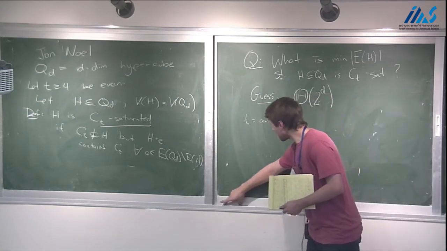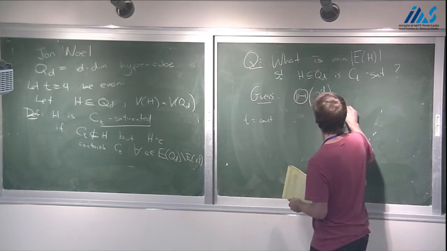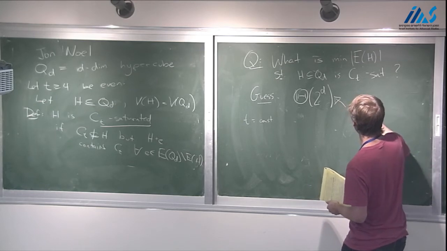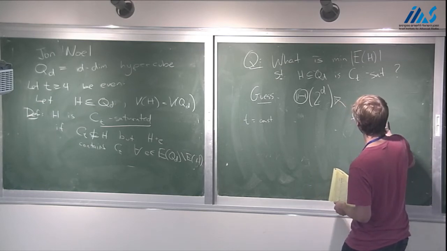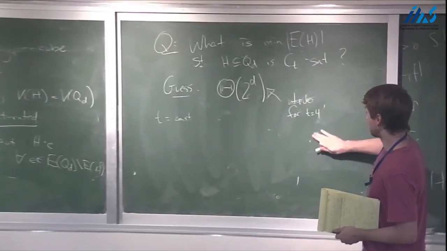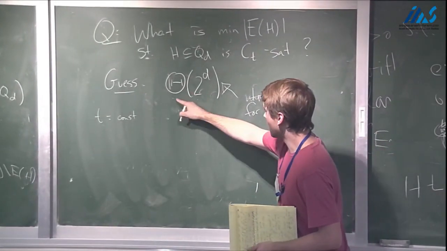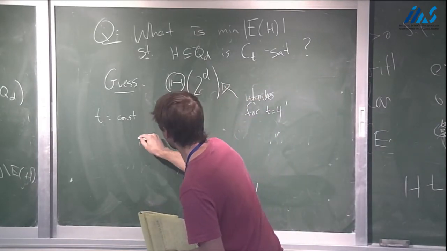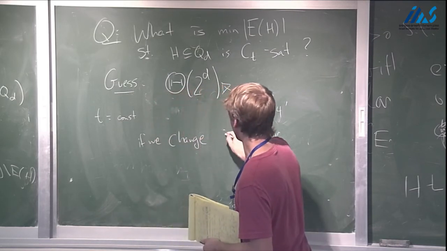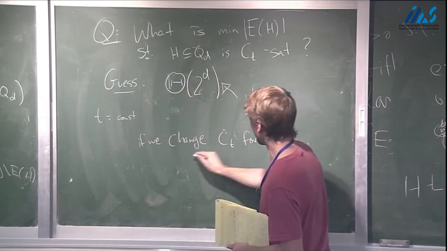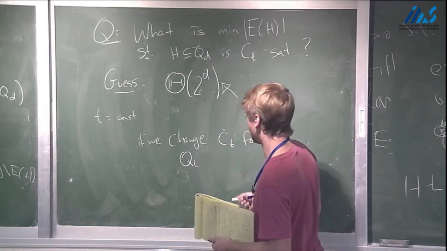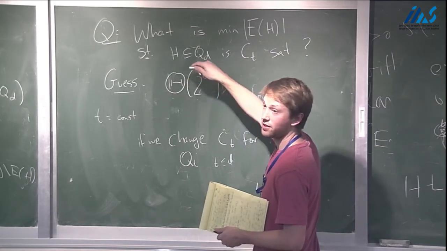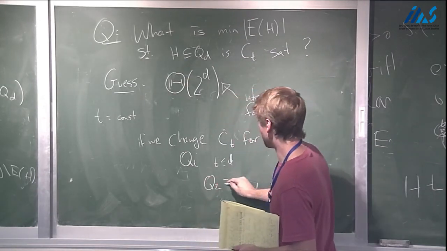Oh, right, so actually this works for t equals 4, because if we change C_t to Q_m or Q_t, then actually that's the right order of magnitude, and Q_2 is equal to C_4.